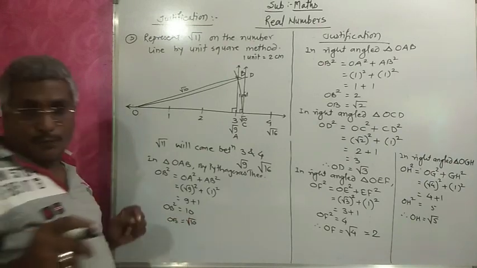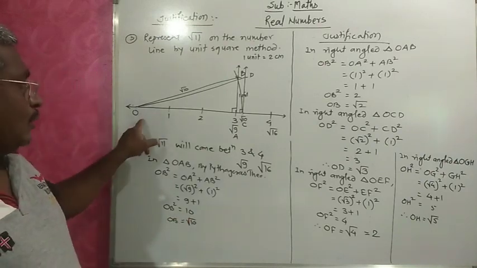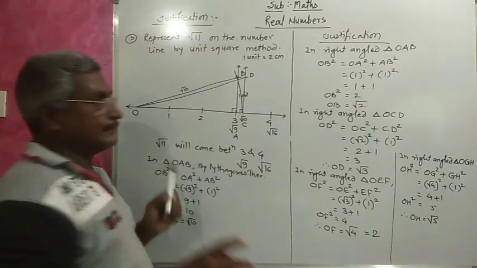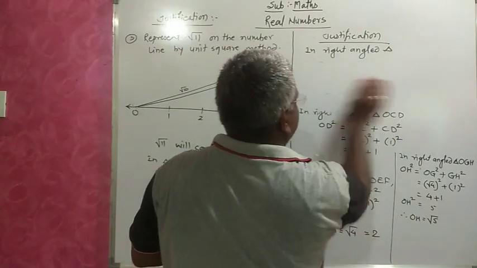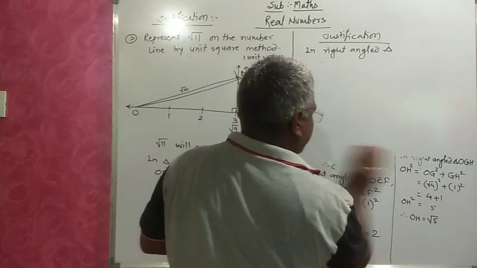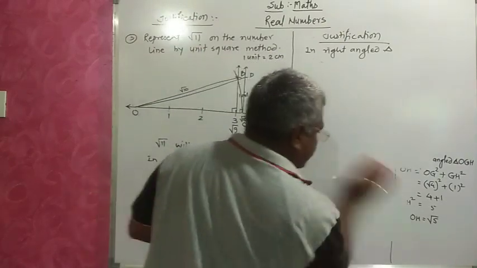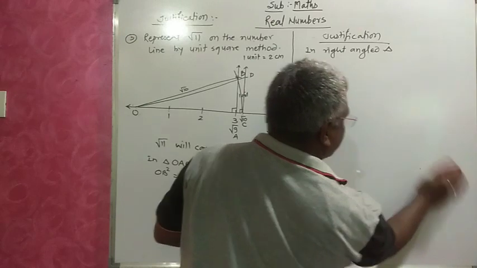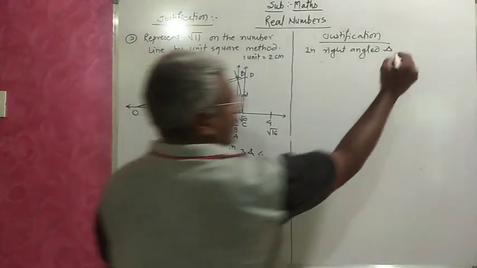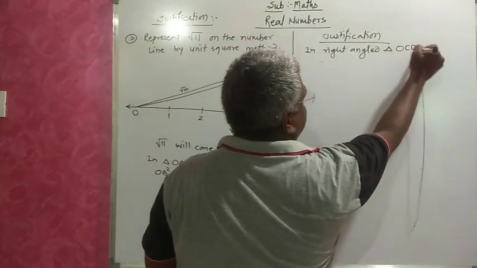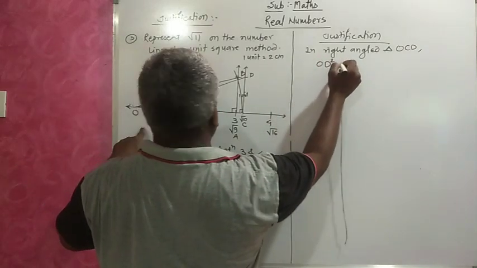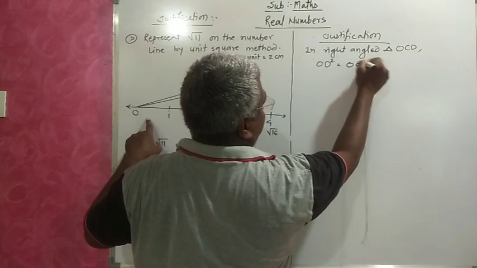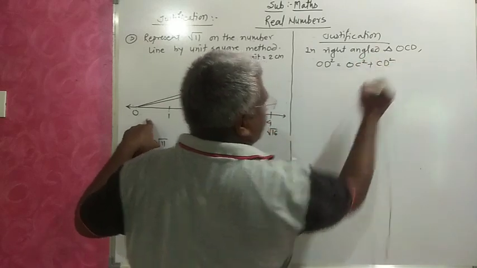In triangle OCD, OD square equals OC square plus CD square.